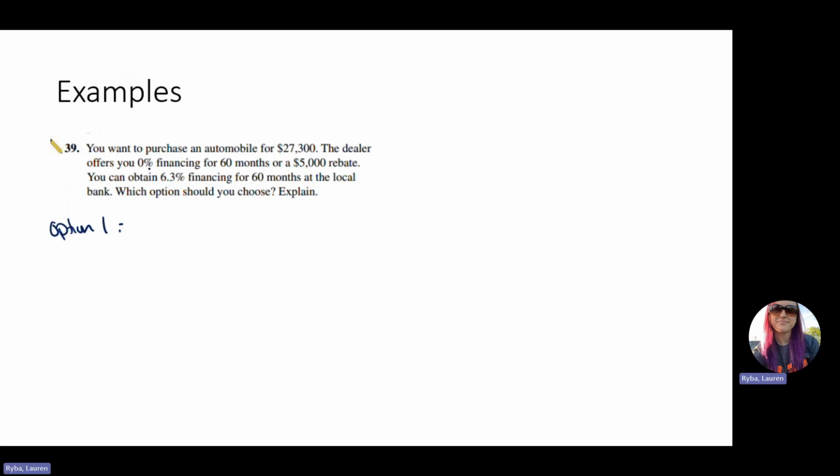Okay, option one, if you can get a 0% financing, it means you're not paying anything additional. Your loan is what you pay back. There are no fees. So $27,300 is what you're going to pay back.